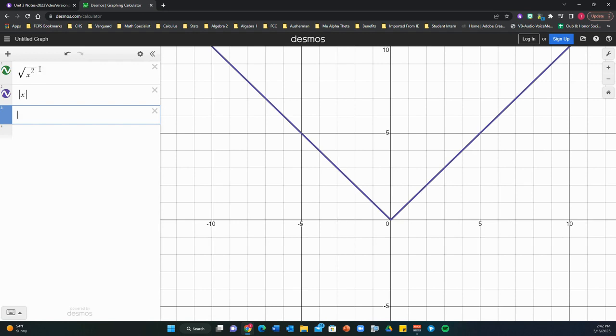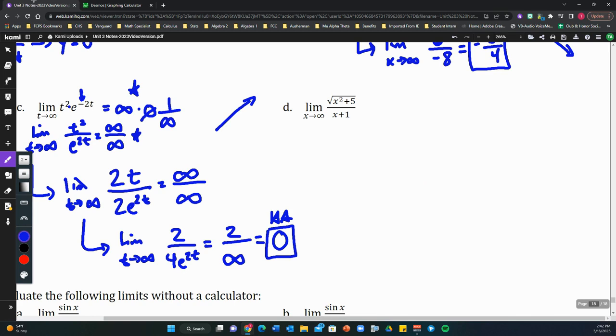If these absolute value bars aren't here, then a negative value of x plugged in is not going to produce the correct thing. For example, let me write this down so you can understand what I'm saying. If I had the square root of x squared and I plugged in -4 and squared it, some people may think it's just equal to x. But then that would mean the square root of (-4) squared is equal to -4.